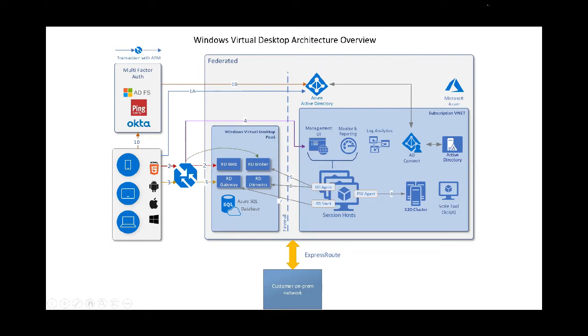This RD Broker service essentially looks up the database at the bottom, the Azure SQL database, to see what are the apps and the desktops that are assigned to the end user, and it returns it back to the user. So the user will, end result, see a list of apps that they can launch and the desktops that they can launch and connect.